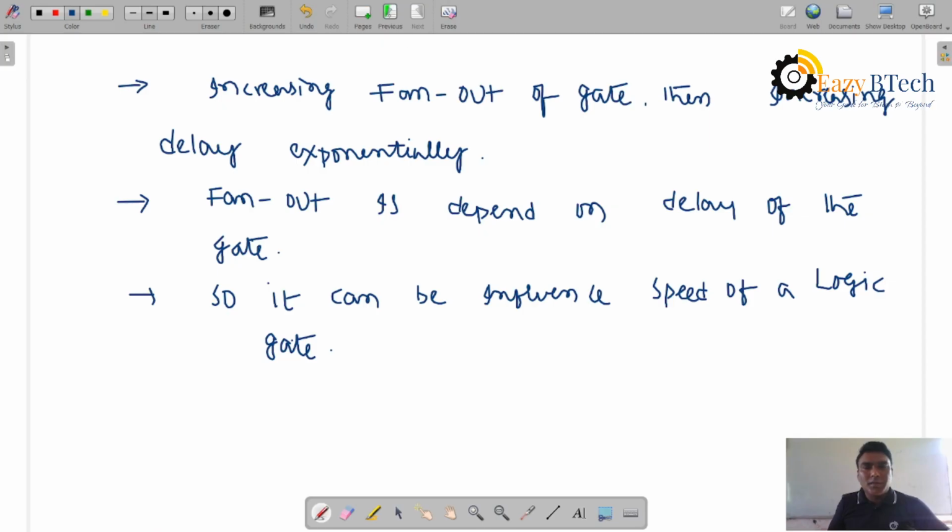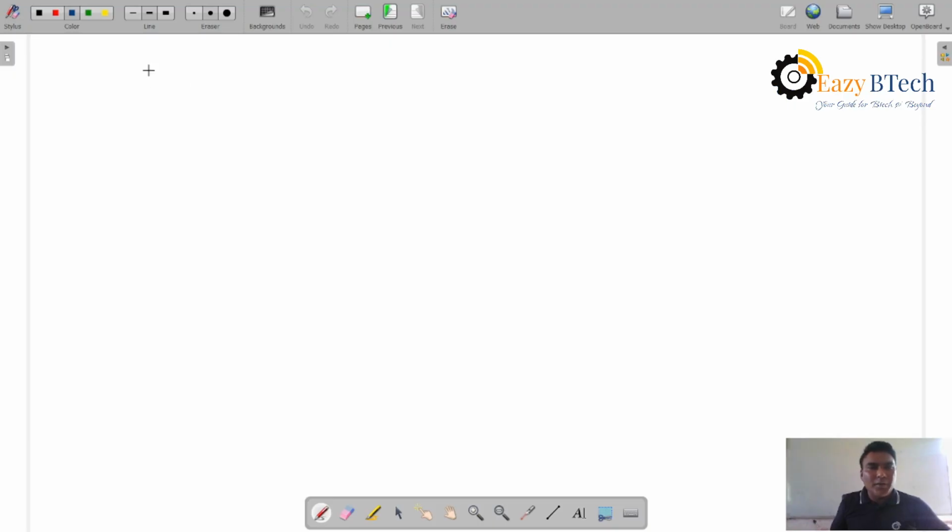So mostly we are using CMOS logics. We are using different logic families in IC technology. CMOS technology is a low power, low cost, high speed technology.